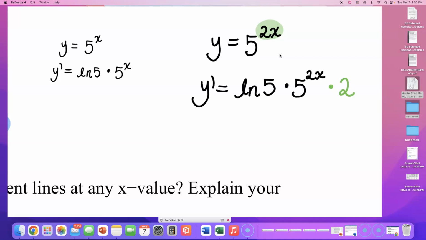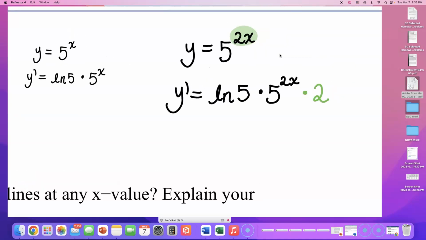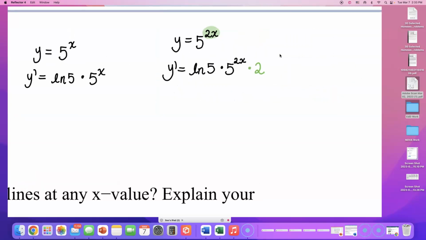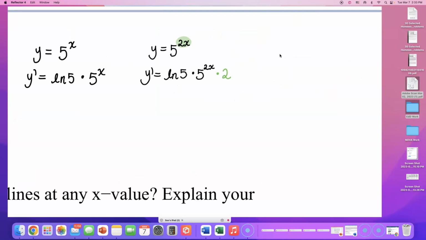So let me do one more, and then I'll go back to the original problem, okay? So what if I give you a function that looks like y equals 1.25 raised to the 3x power, okay?